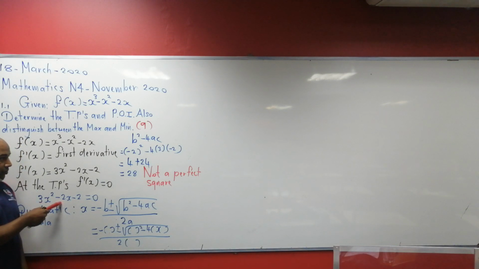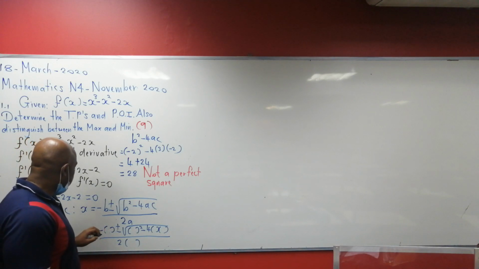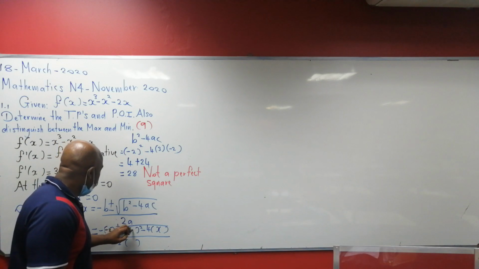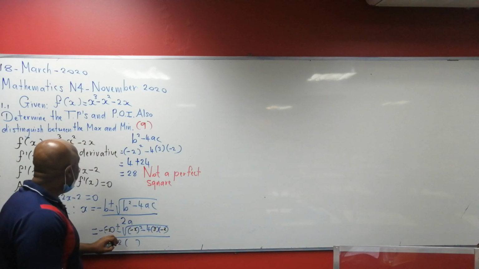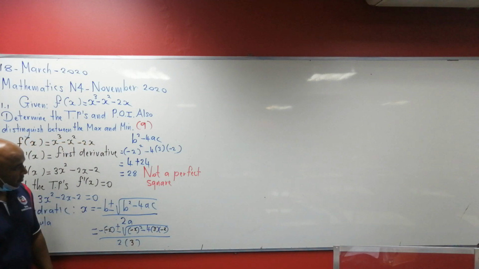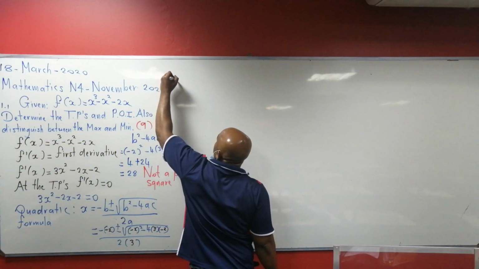B is minus 2 and c is minus 2 also. So we got minus b, which is minus 2, and then you got minus 2 again, you got 3, and you got minus 2, all over 2a, which is 3. Right, so that is the quadratic formula.